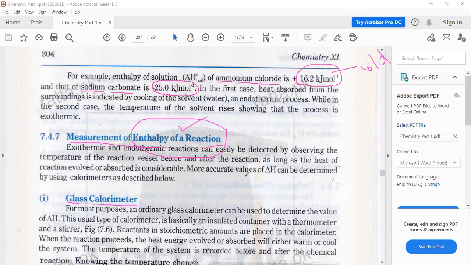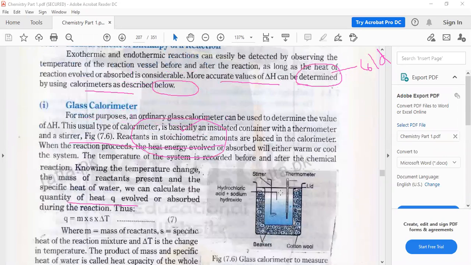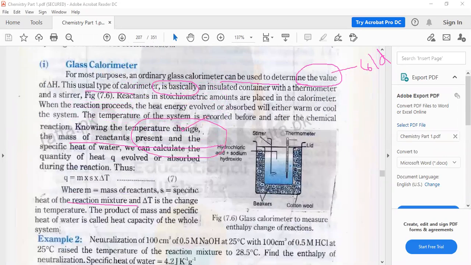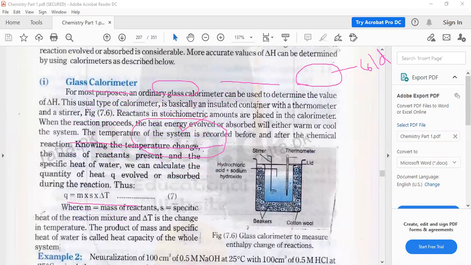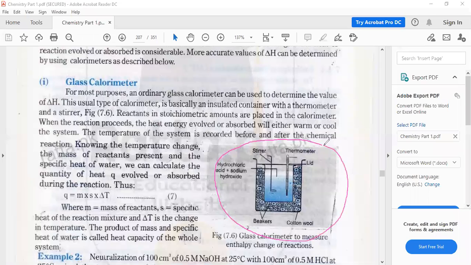First, see what is glass calorimeter. Here you can see the glass calorimeter. This is the apparatus which is showing the glass calorimeter. Calorimeter is basically the apparatus in which heat is not evolved or absorbed in a system from the surrounding.